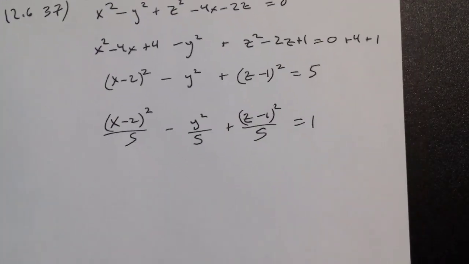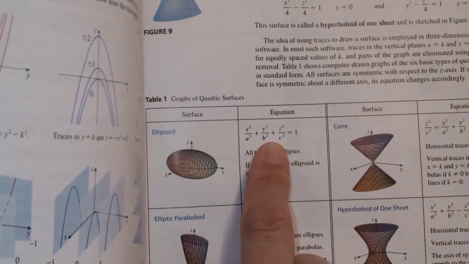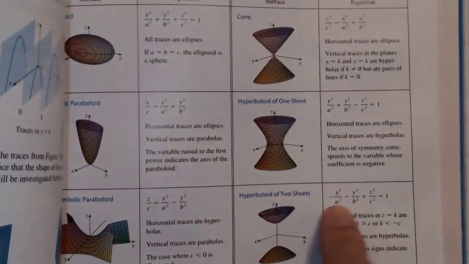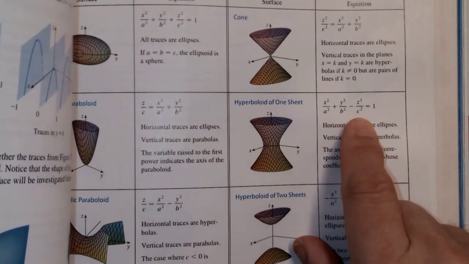Now, with a minus sign in there, if they were all pluses, that's an ellipsoid, or in this case a sphere, because all of the numbers on the bottom are the same. With minus signs, this is a hyperboloid. So now I go count. In this one, they're all plus. In this one, there are 2 minus signs and 1 plus. In this one, there's only 1 minus sign.